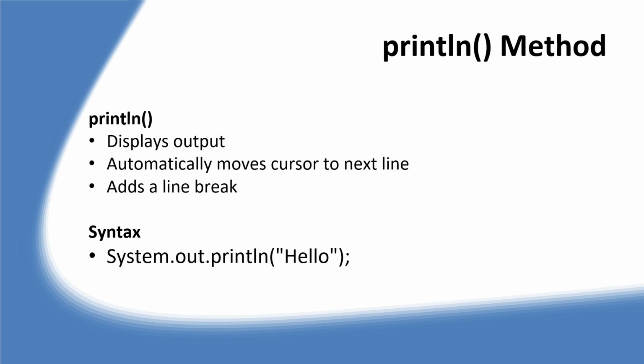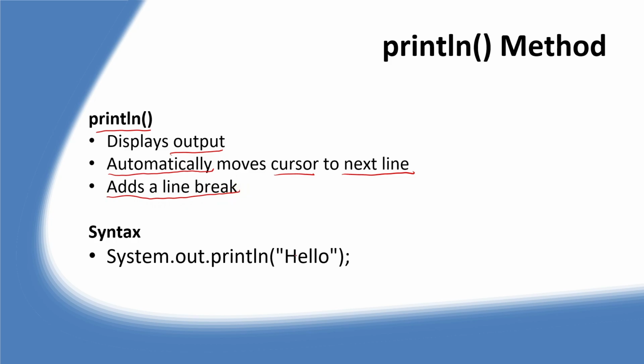This makes the next output appear on a new line. So it will display output and automatically move the cursor to the next line, or we can say it adds a line break.